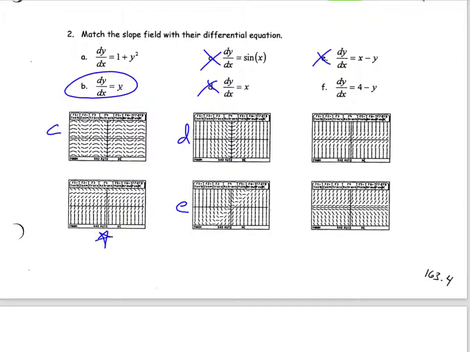This one right here does not look like a slope of 0 at 1, 0, because 1, 0 would be somewhere around there, and my slopes definitely are not 0. If I plug in 1, 0 over here, does it look like my slopes could be 0? Yes, we kind of like that bottom right one. And what about this one above it? Does it look like 0 there? No, so we're going to like that one to be B.